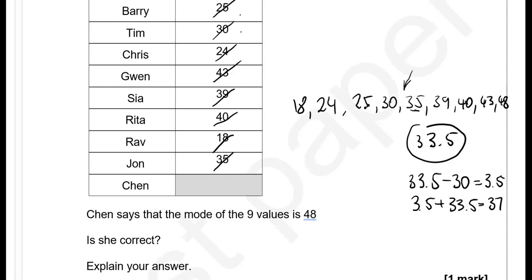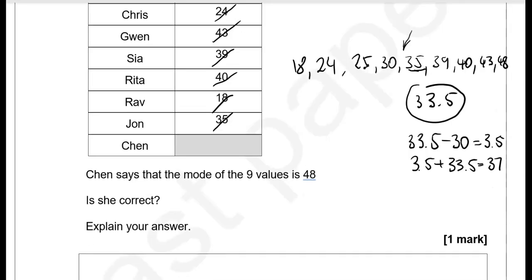What we're going to do then, we're going to work out the difference between 35 and 33.5 and take away that difference from 33.5. So that 33.5 works out to be the midpoint between 35 and that number.